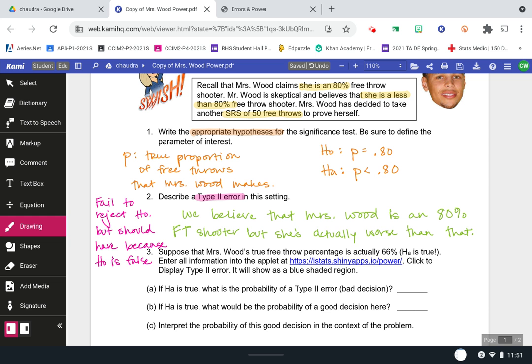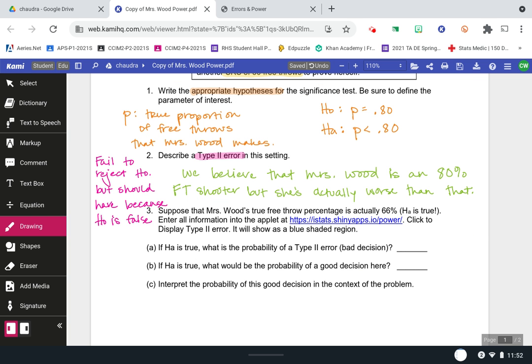All the evidence we've collected led us to believe that Mrs. Wood is in fact an 80% free throw shooter. However, our evidence led us to a mistake, which happens. We know that when we are looking at different significance levels, we aren't 100% confident in our results. And so that little bit that's left over is that chance of making our errors, which hopefully made sense when you looked at the error section.